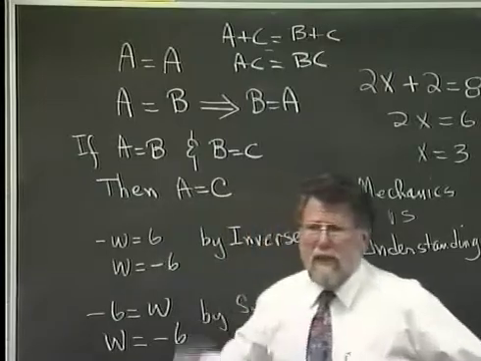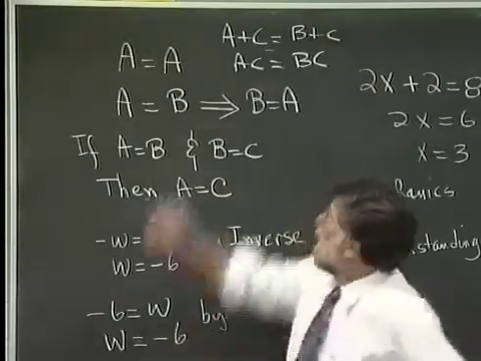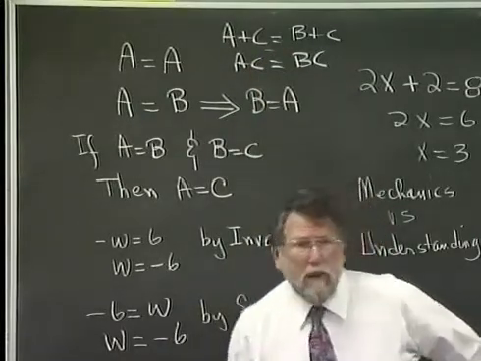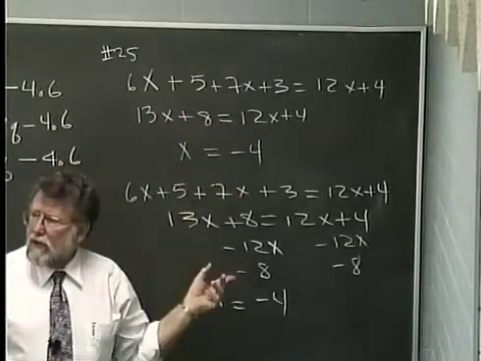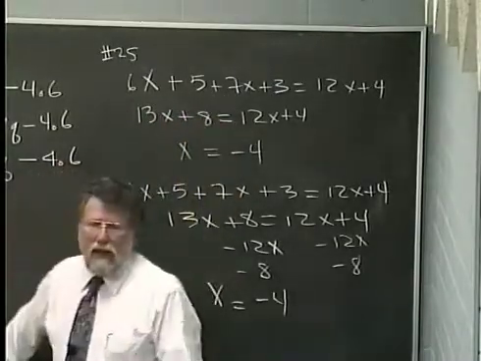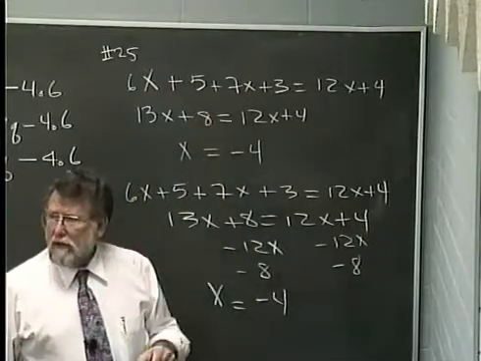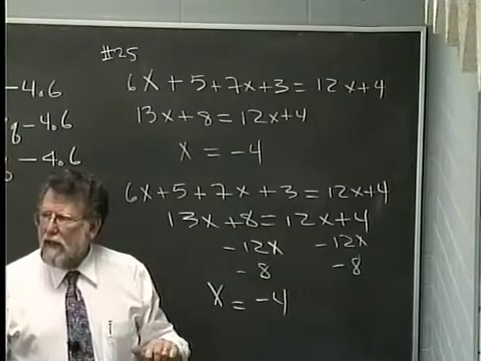Those were the well-defined properties with respect to addition and multiplication. I'm guaranteed that if I use these properties and the 11 properties of the real number system as we go to the right side, the equations that I get have the same solution. That's what guarantees me that if this has a solution of minus 4, so do all the others. So if you do things right, you have that built-in guarantee.